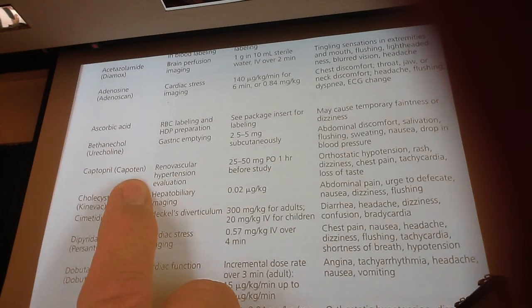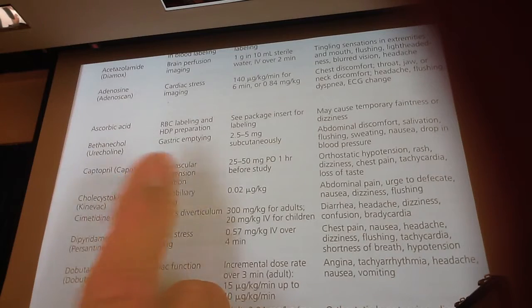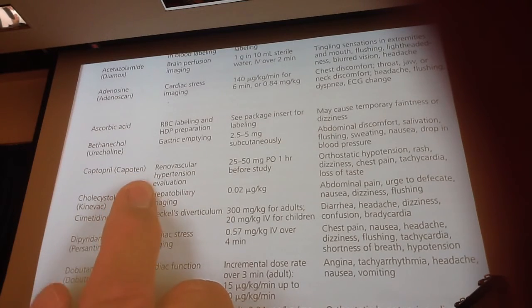The reason we do the heart scan is because of stenosis of the coronary arteries. The three big blood vessels that are affected by the triglycerides and the cholesterol are the carotid arteries, the coronary arteries, and the renal arteries. Those are the big three.